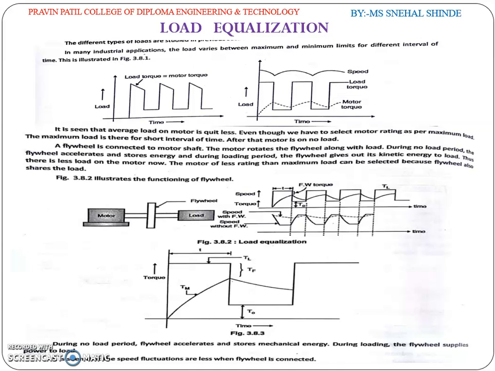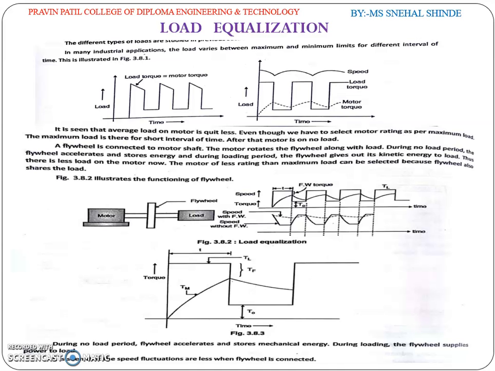During the period when the load is small, the flywheel accelerates and stores kinetic energy. Thus the demand on the supply side remains constant, and when the load increases during the peak period, the flywheel gives a part of its kinetic energy, thus decreasing the demand on the supply side.